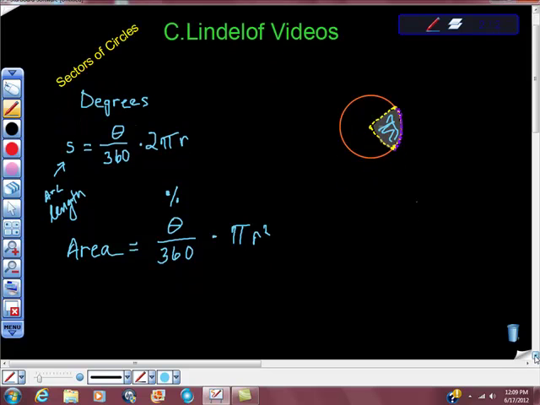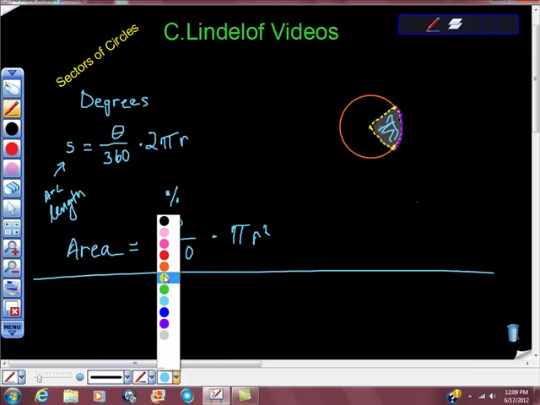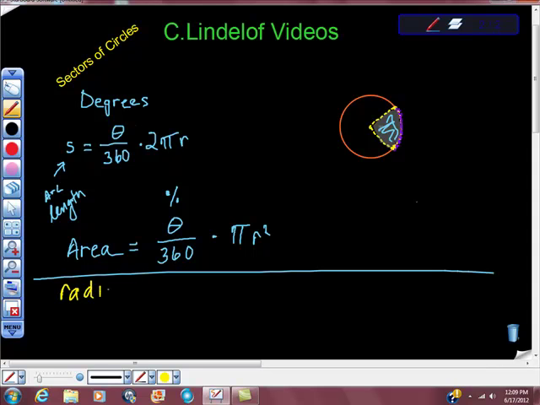Here's what we're more likely to see in trig, especially: we're going to see this in radians. In radians, it's a little bit different and frankly easier. Our arc length S is just going to be the radius times theta. That's a damn sight easier, isn't it?